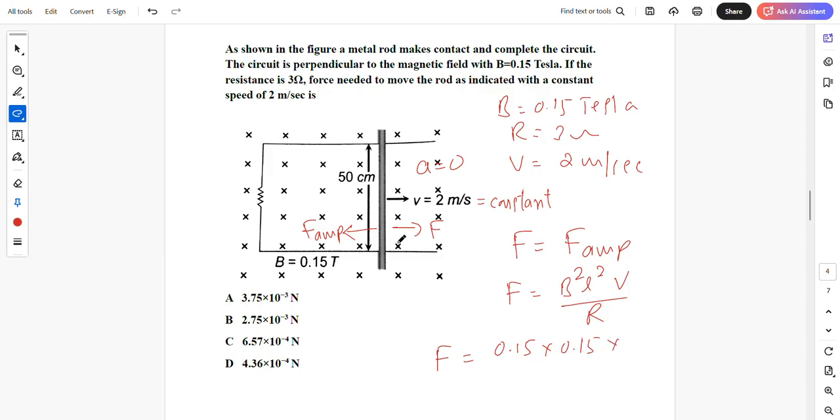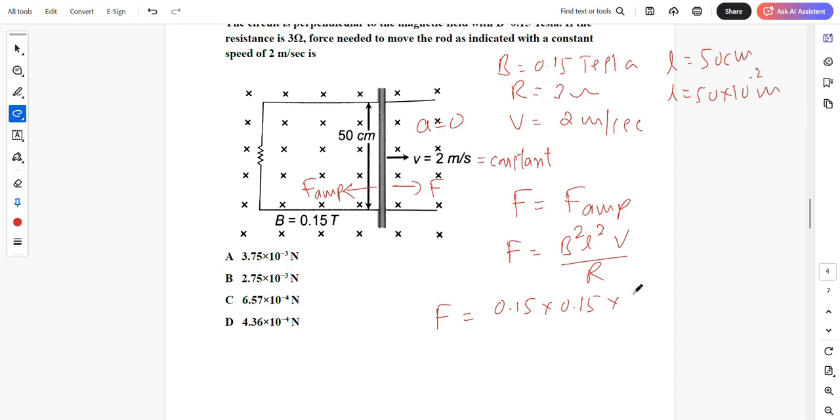The length of this conductor, L they have given as 50 centimeter. 50 centimeter means 50 into 10 to the minus 2 meter I can write, squared, 50 into 50 into 10 to the minus 4, into V, which is 2, divided by R, which is 3.